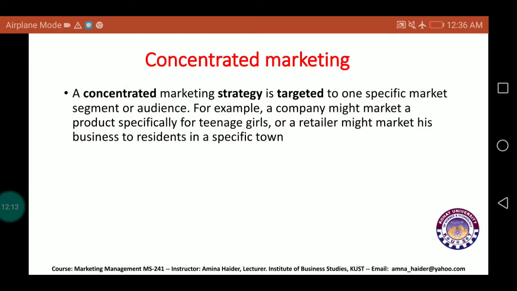So companies following concentrated targeting strategies are obviously putting all their eggs in one basket. If their chosen segment were to become unprofitable or shrink in size, the companies will be in trouble.